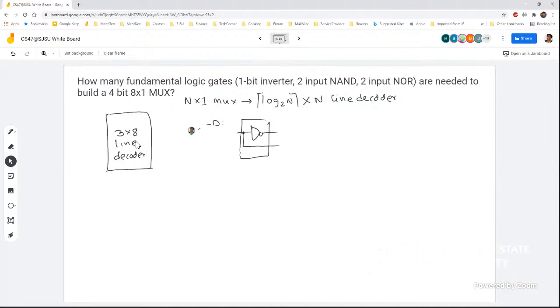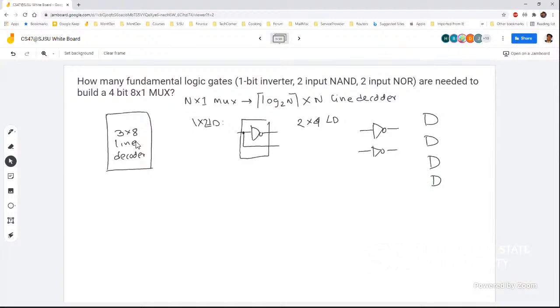Now, if it is a 2 by 4 line decoder, then what do we have? We have 2 inverters, just like the previous example, and 4 AND gates.